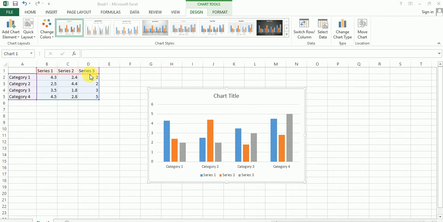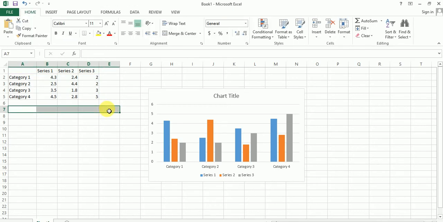So already we know horizontal and vertical. Row is called horizontal, and column is called vertical.